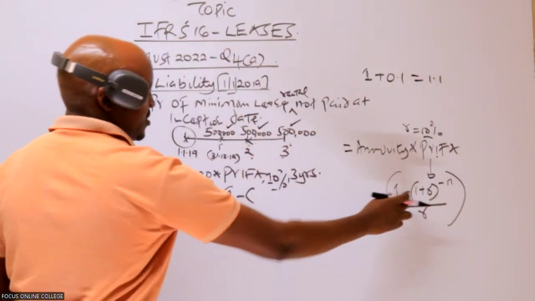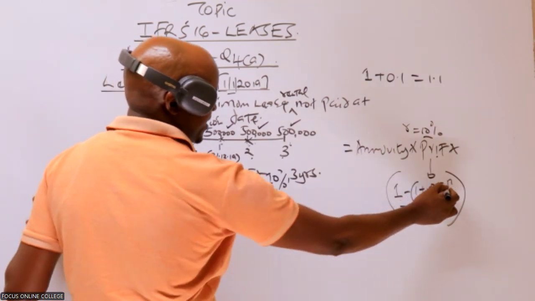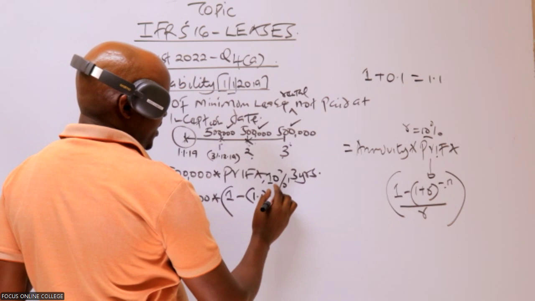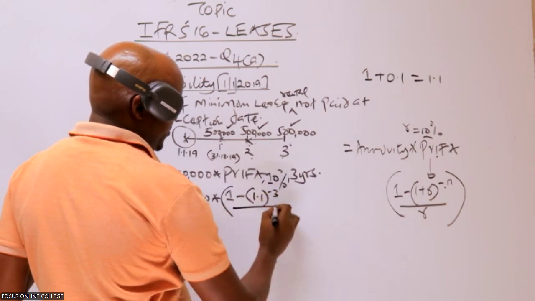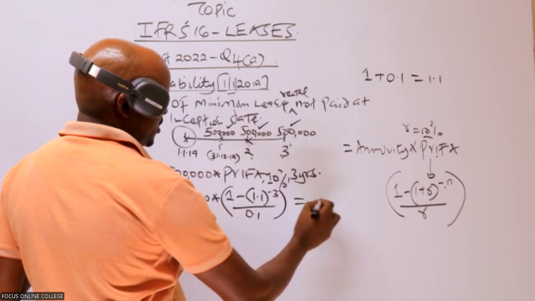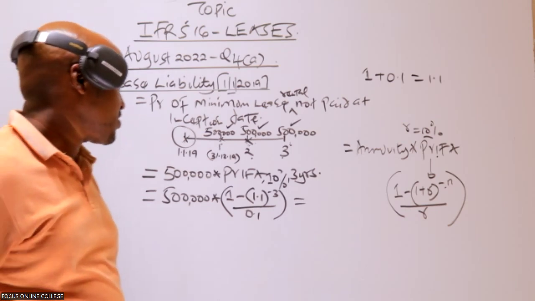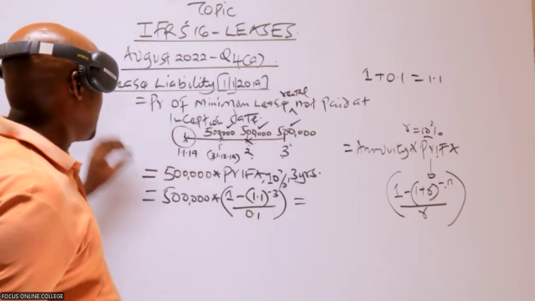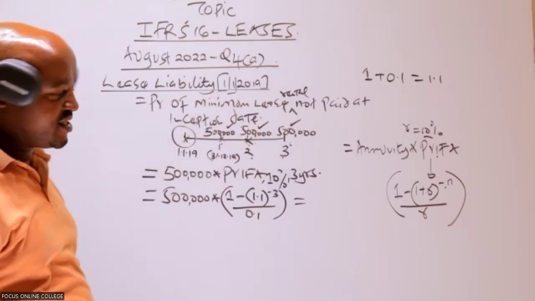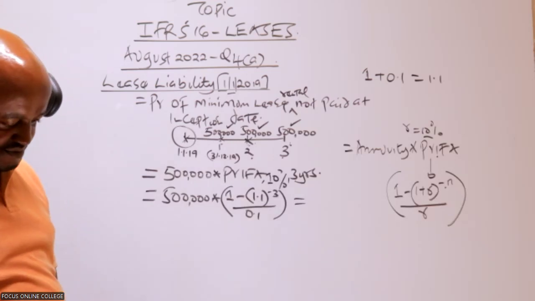This will be 1.1 raised to power negative n. Our n is 3, so we raise it to negative 3, and then divide by R, which is 0.1. Whatever you get here is called the lease liability at the inception date. So work out that figure and give me the final answer.